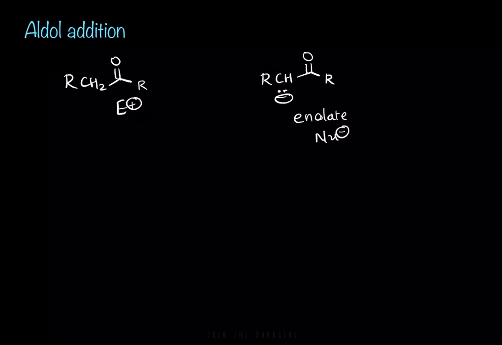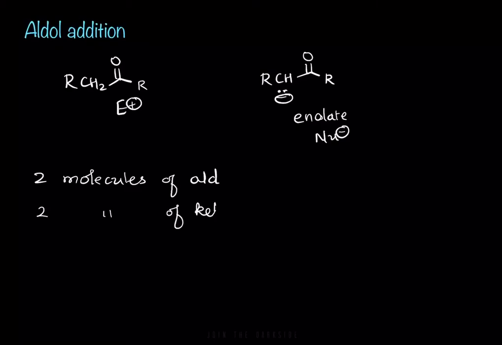So for an aldol reaction or aldol addition reaction, you take two molecules of the aldehyde, or you can also take two molecules of the ketone. And you react this with a base in the presence of water.